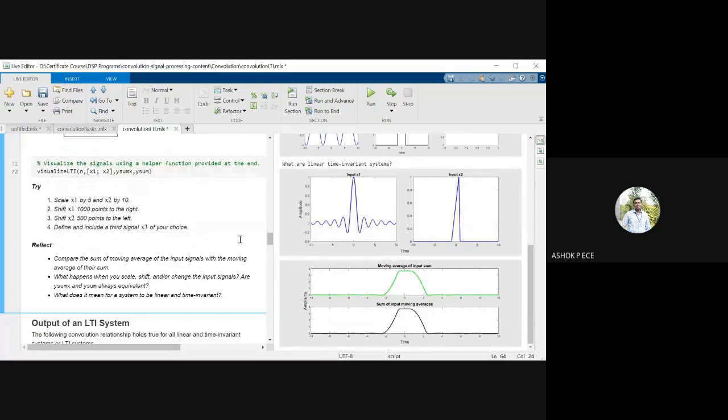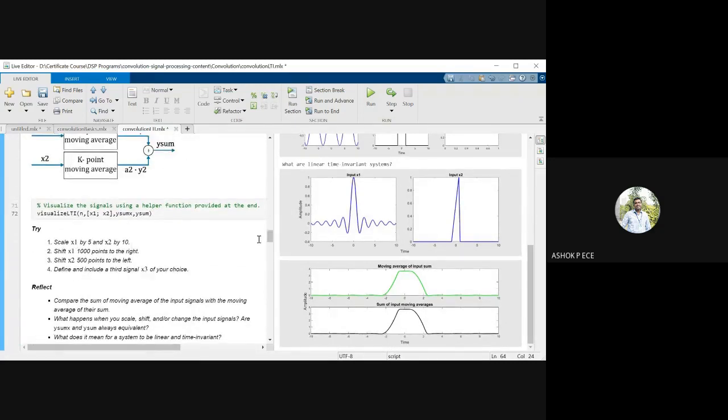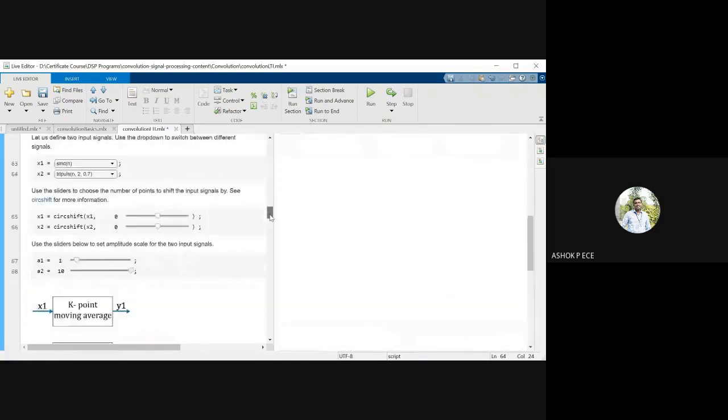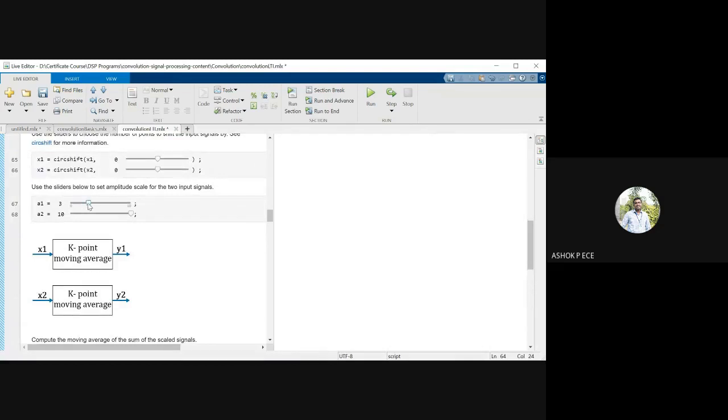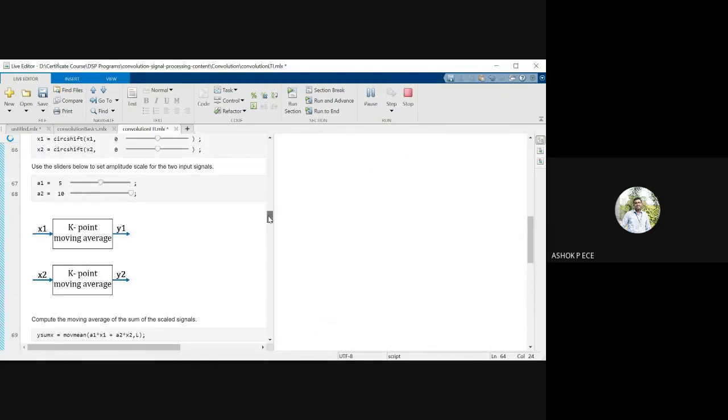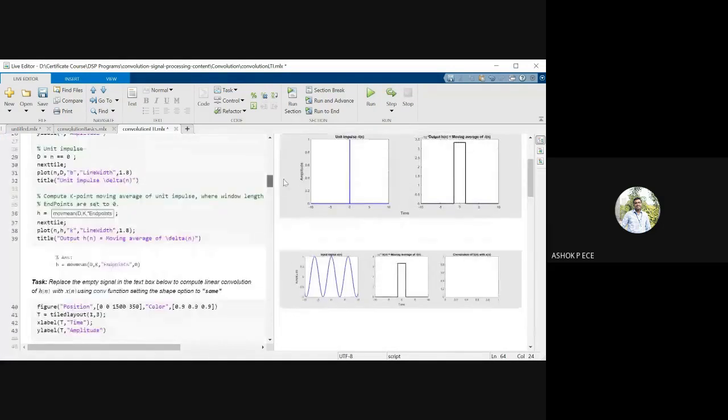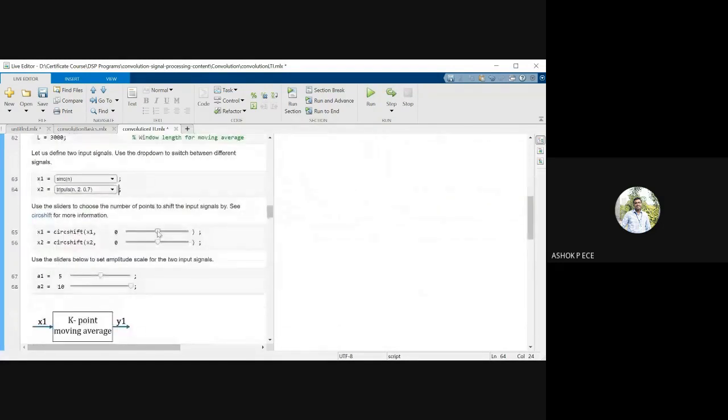They have given: try scaling x1 by 5 and x2 by 10. Scale x1 by 5 and x2 by 10. That is done. And shift x1 1000 points to the right. The right 1000 points.